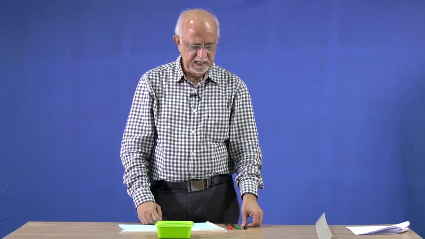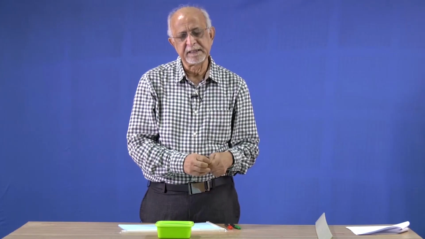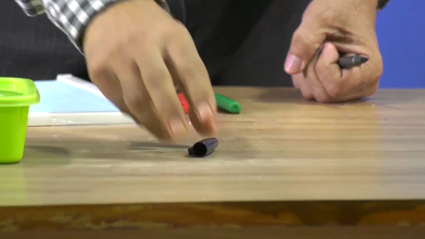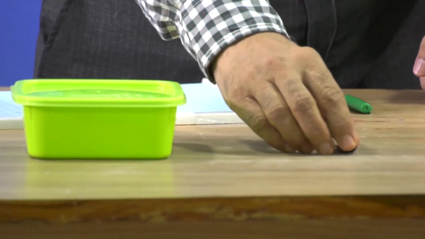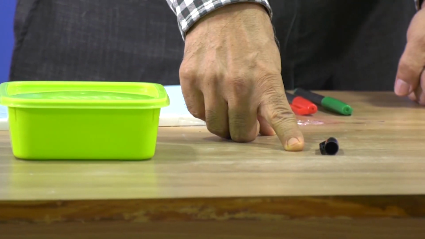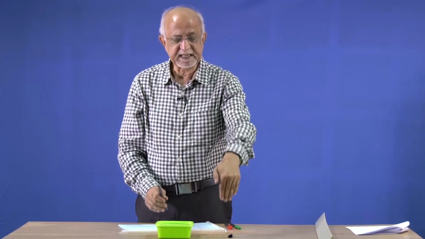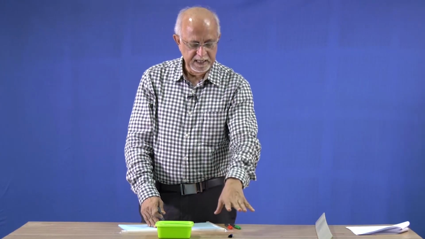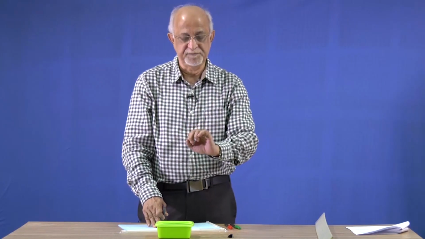For example, this cap of the pen is much lighter than this box, but this one is also resting on the table. That means its weight is acting on the table in the downward direction, and it has exactly equal and opposite amount of force in the upward direction. So, the table is in a way very intelligent. It can provide the necessary normal reaction to the bodies depending on their weight.